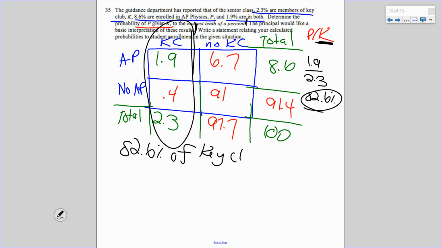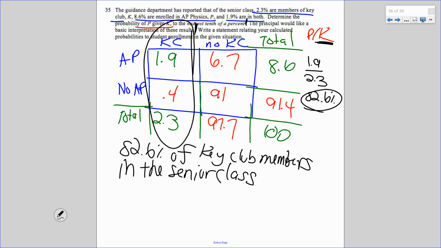Key Club members. Of course, this whole situation is in the senior class. What about 82.6% of them? They are in AP Physics. So if you have to write a statement, start with the percentage of the condition is whatever it is.